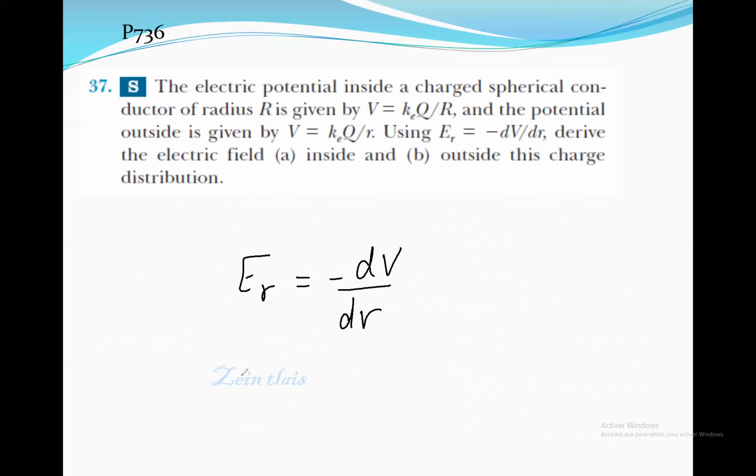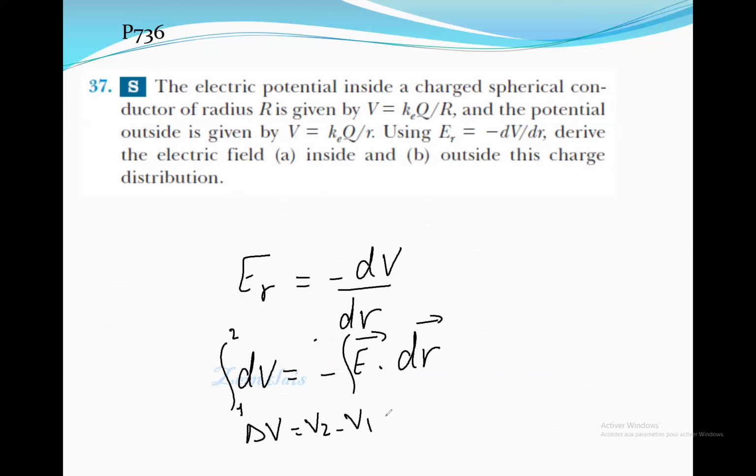You know, delta V equals minus E dr. So delta V, between 1 and 2, equals V2 minus V1 equals minus the integral of E dot dr, between r1 and r2.